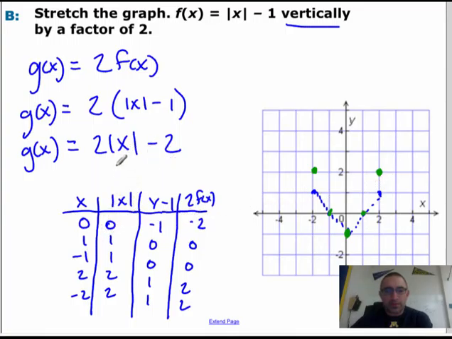Zero, negative 2, 1, 0, 4 minus 2 is 2. So negative 1, 0, negative 1, 0, 2, 2, negative 2, 2. So when I connect those that way, right there. And there you got it. That's stretched up by a factor of 2.